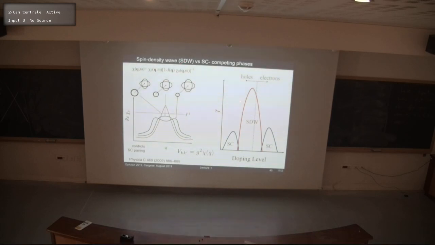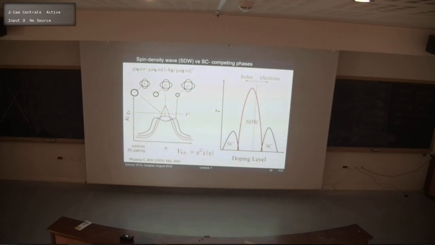Now, in the same picture, as I mentioned, given the high density of states and a very large Stoner parameter, the real part of the susceptibility will have a peak and it will drive the system into the spin density wave.